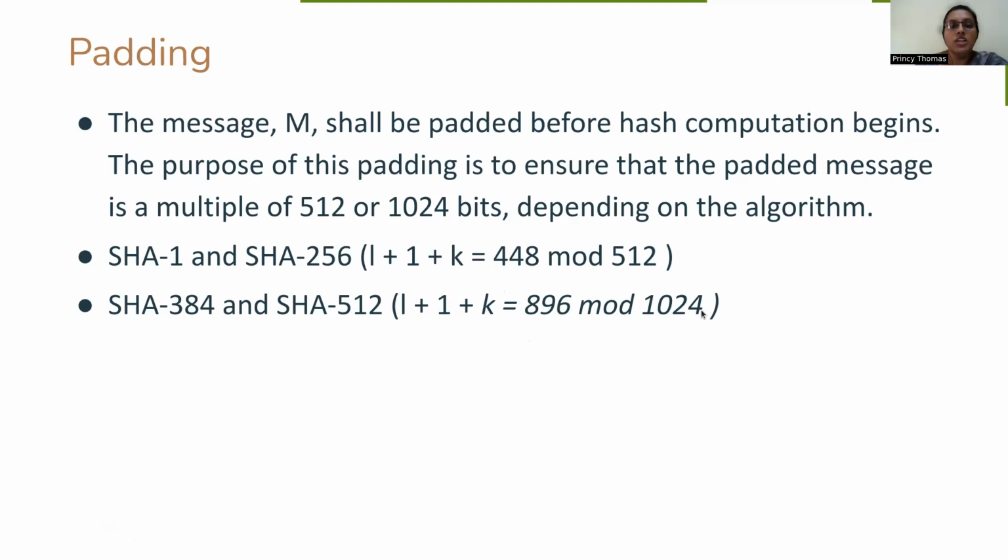If you look at these two values, it is just times 2. 896 is 448 times 2. And 1024 is 512 times 2. Now, this is how the padding is done.